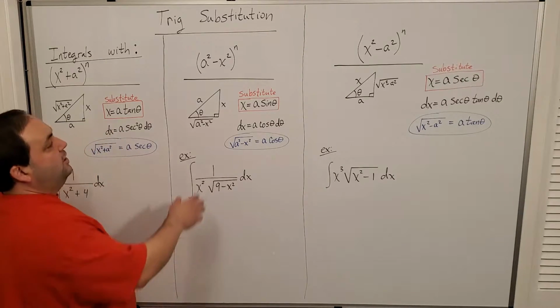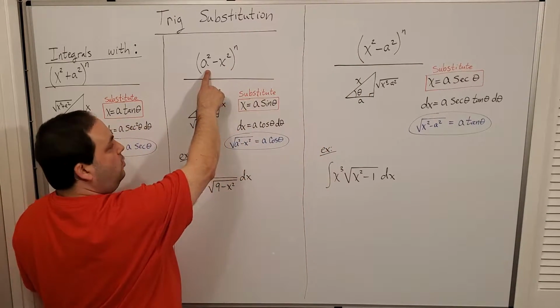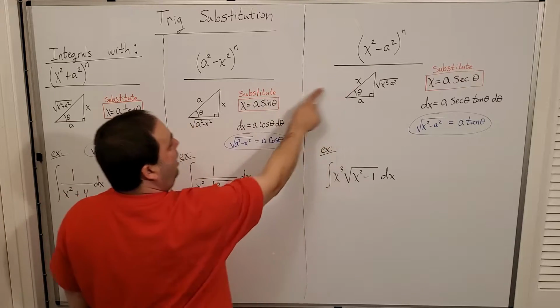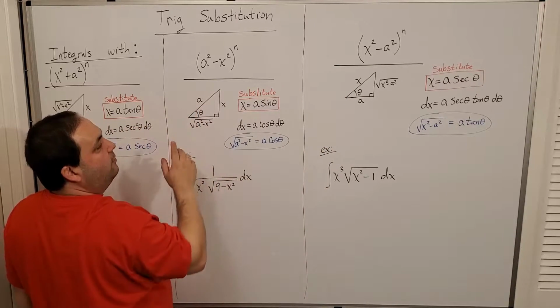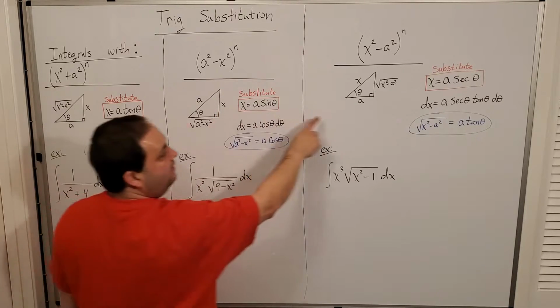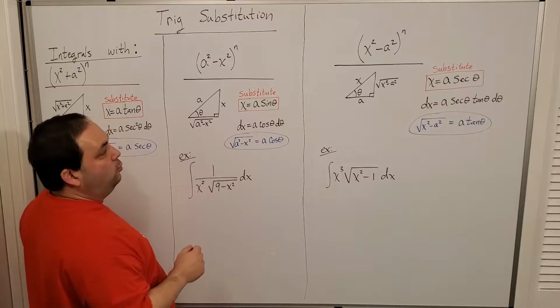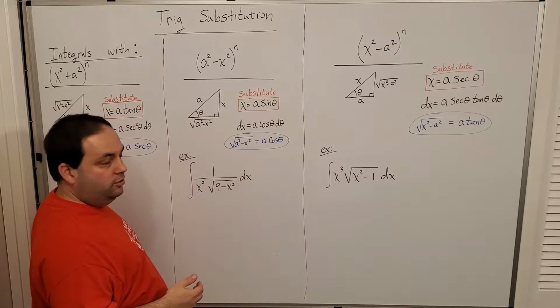But as you can see, whatever's the front of a subtraction in these differences of squares is what I pick for my hypotenuse, and then from there I pick the appropriate side to give me one of the main trig functions, not one of the co-functions.